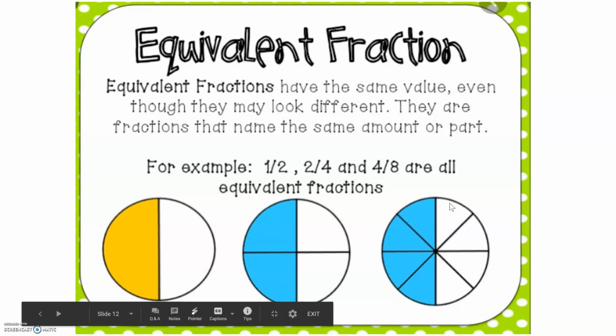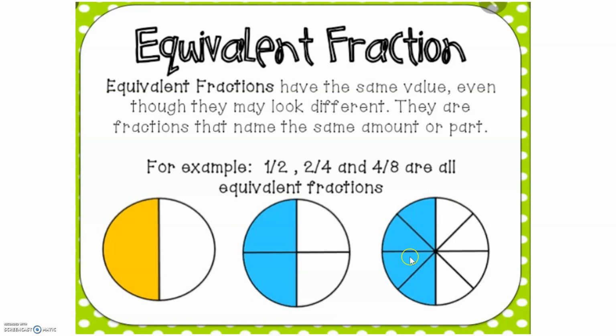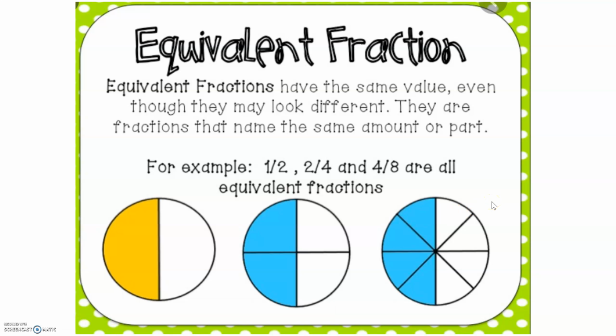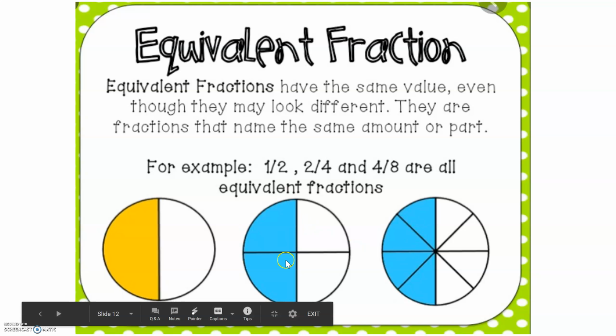If we divided that same fraction circle into 8 equal parts, it would take 4/8 to equal the same amount. And that is what an equivalent fraction is. They're fractions that represent the same amount, even though the pieces may look different.